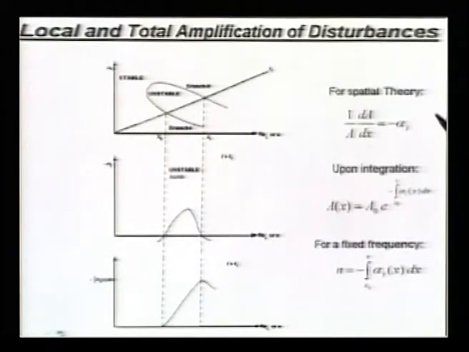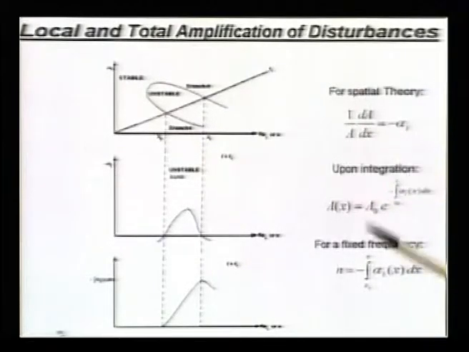Okay. Now, what have we already seen from the spatial theory description, that I can calculate this spatial growth rate as minus alpha I, which is nothing but 1 upon A dA dx. So, this is rather easy, isn't it? dA by A equal to minus alpha I dx. So, I could integrate. So, ln A equal to the integral of minus alpha I dx.